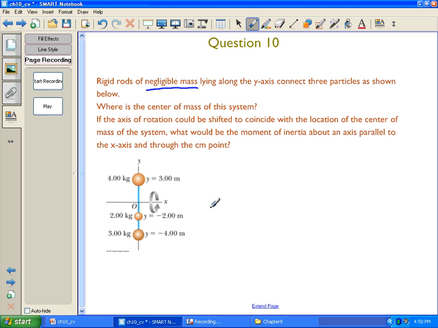Because all the masses are on the y-axis, the center of mass in x is 0, and here we are dealing with point particles, so all we need to do is sum the m's times their respective y's, divided by the total sum of the masses.